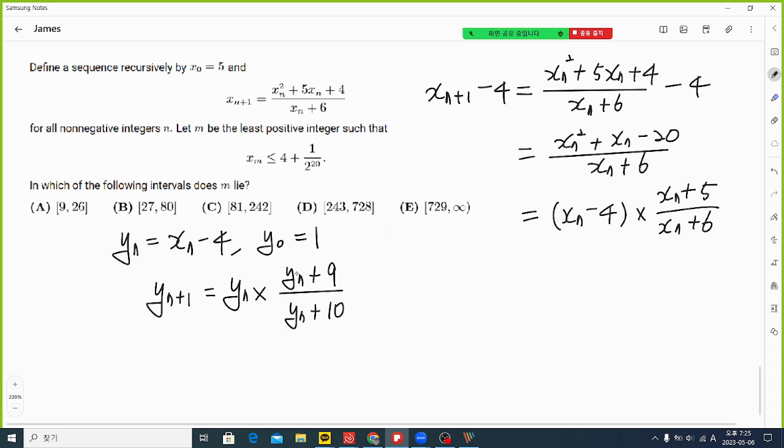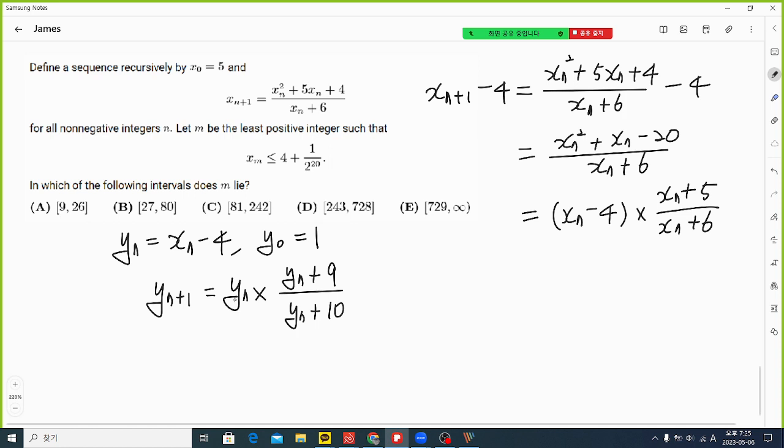And this value yn plus 9 divided by yn plus 10 is less than 1 because the denominator is greater than the numerator, and because we are multiplying a number less than 1 to make the next term, that means this sequence is decreasing. But the sequence itself is positive.